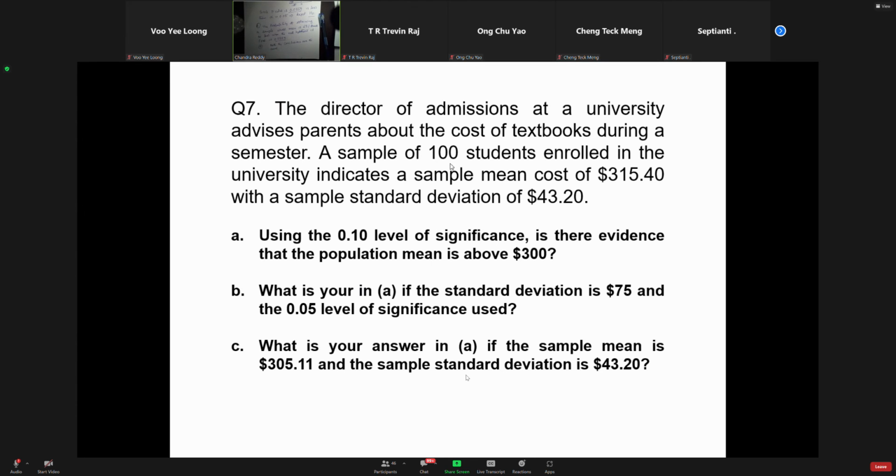A sample of 100 students enrolled in the university indicates a sample mean cost of $315.40 with a sample standard deviation of $43.20.